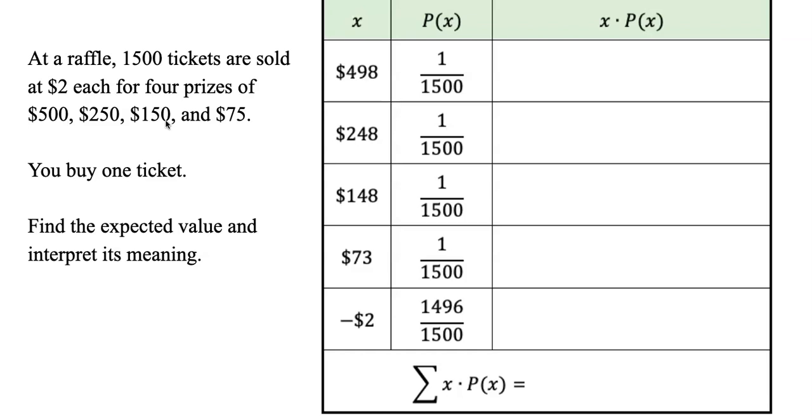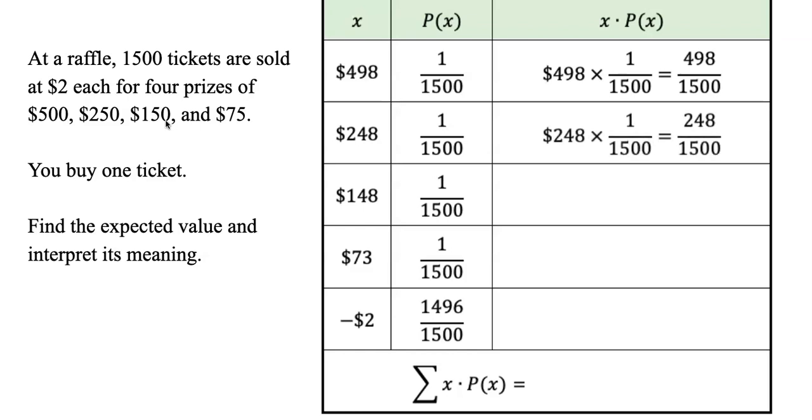Now, let's find the expected value. Okay. Now remember, in order for us to find those expected values, we simply multiply x by its corresponding probability. And I'm just gonna keep my fractions not simplified. I did 498 times 1 over 1,500. The next one will be 284 times 1 over 1,500. Just like that, we multiply.